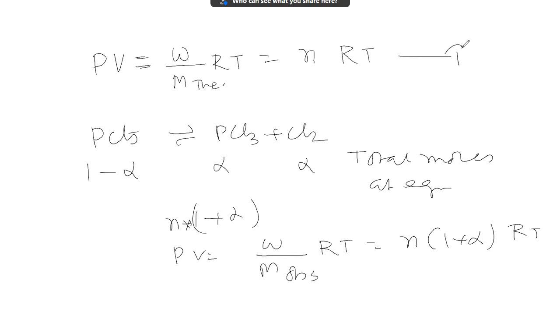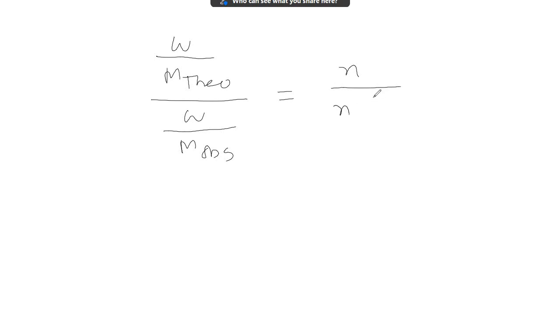If I divide these two, what are we getting? I am explaining these things to you. W by M theoretical by W by M observed is equal to n into 1 plus alpha divided by n. So M observed by M theoretical is 1 by 1 plus alpha.